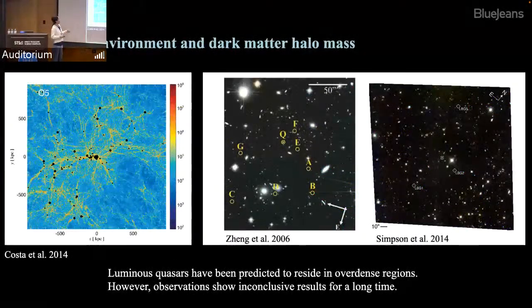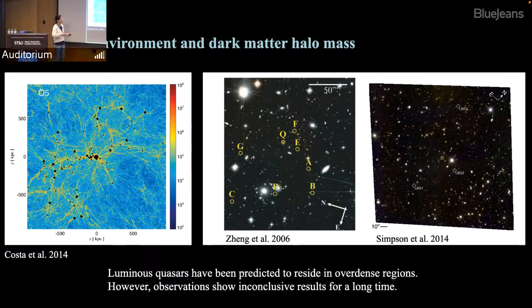And then the overdense environment. Theoretical models predict that these luminous quasars should reside in overdense regions, as shown in this figure. That's the simulation. Surrounding the central supermassive black holes, we should see an overdense environment. However, observations show inconclusive results, as we can see in these two figures.